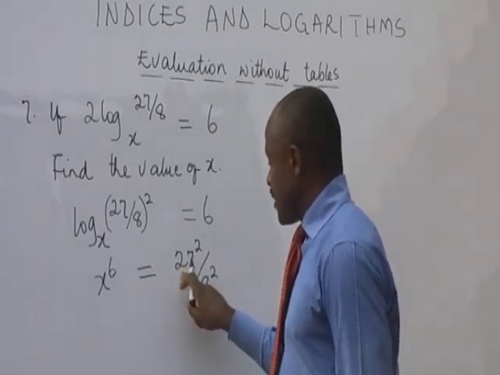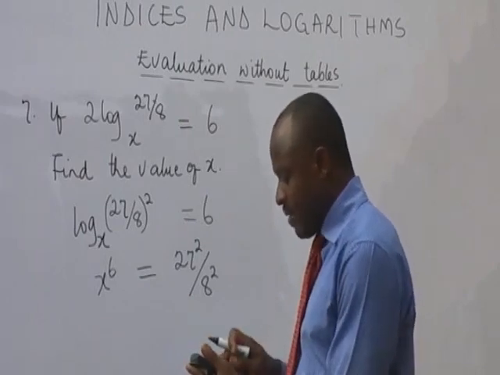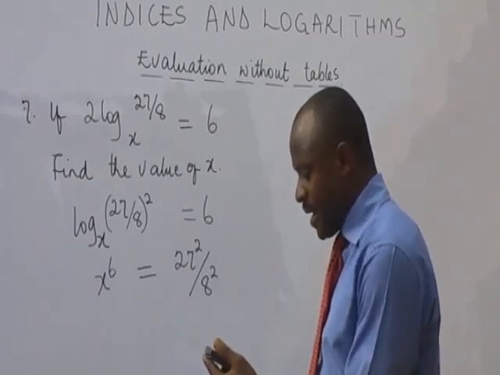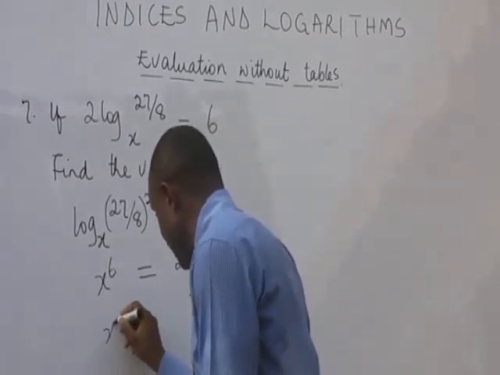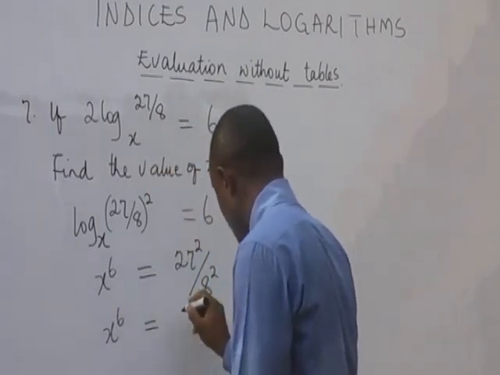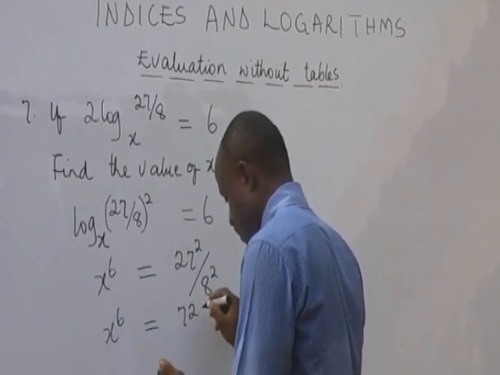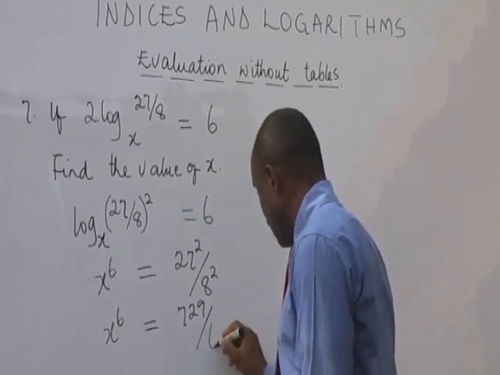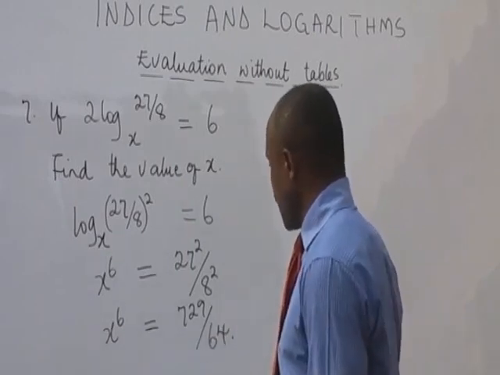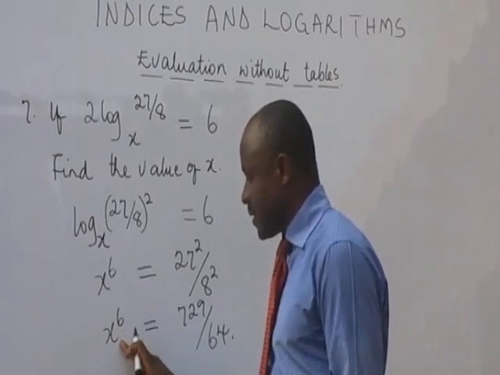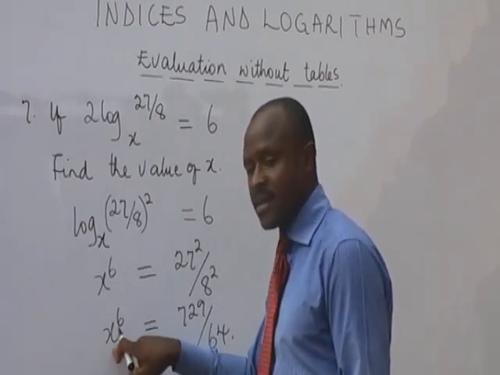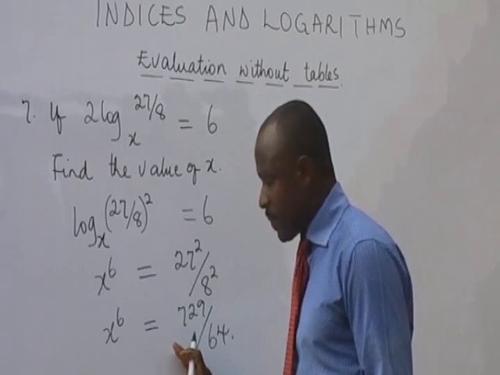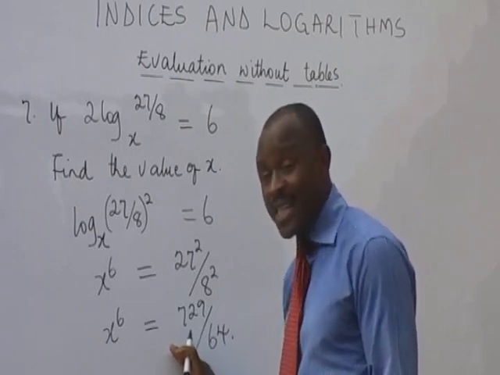I want you to multiply this out using a calculator. 27 times 27 gives me 729. So we have that x exponent 6 is equal to 729 all over 8 squared, which is 64. So all over 64. Now you have an exponent on the left hand side with a base x. Try to convert what you have on the right hand side of the equation in such a way that we have the exponent of 6.